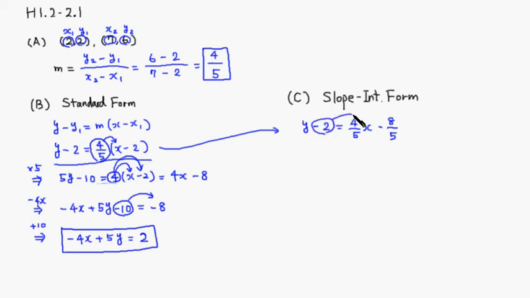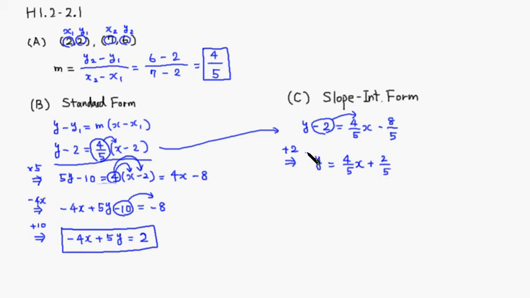We'd like to put it over to the other side, so we can do that by adding 2 to both sides. So you have y is equal to 4/5 x, and you have negative 8/5 plus 2. 2 is 10/5, so it's going to be 10/5 minus 8/5, which is 2/5.